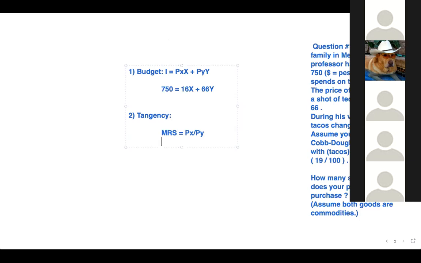The marginal rate of substitution is some general, but it turns out it's a non-linear function. So I'm just going to write, it's some function of x and y. Okay.